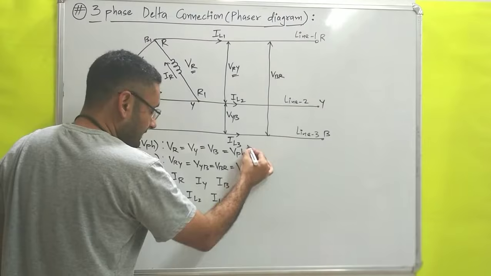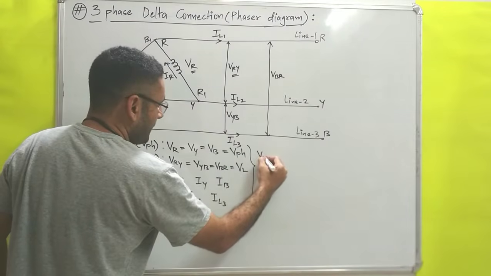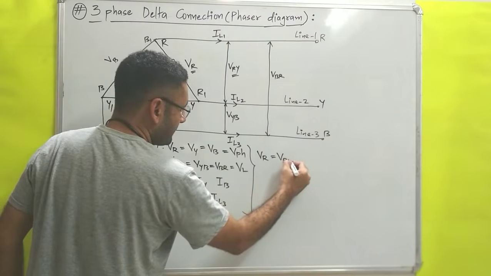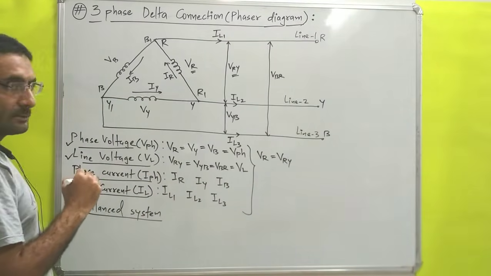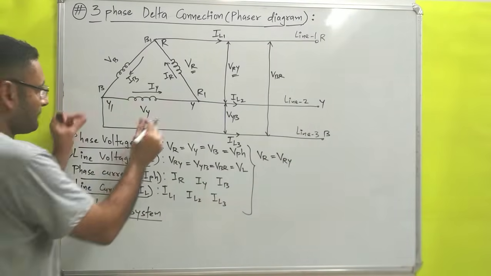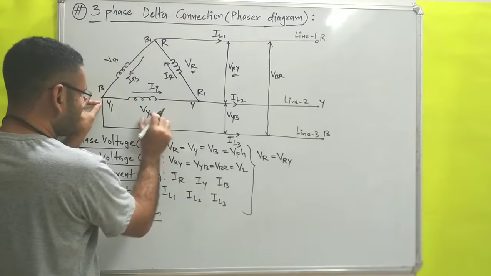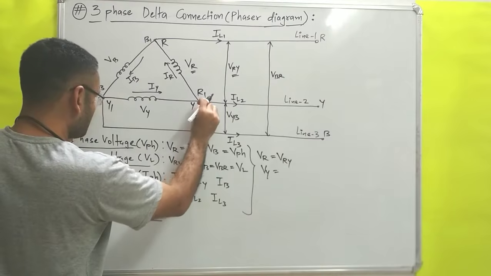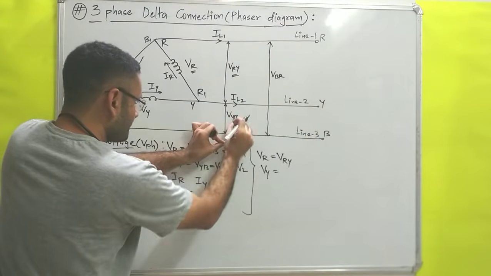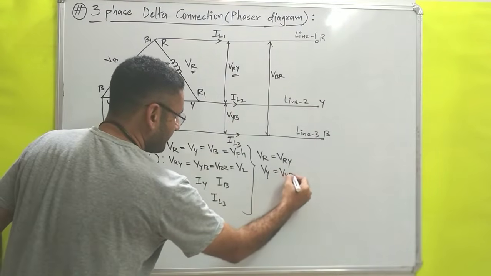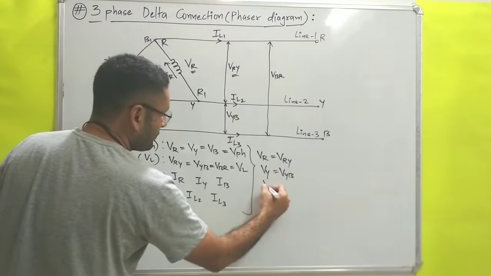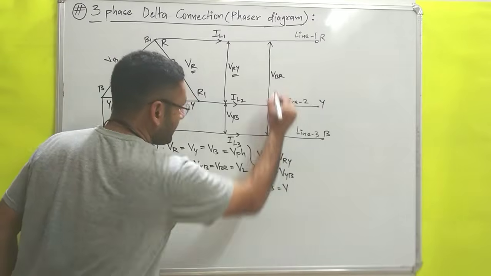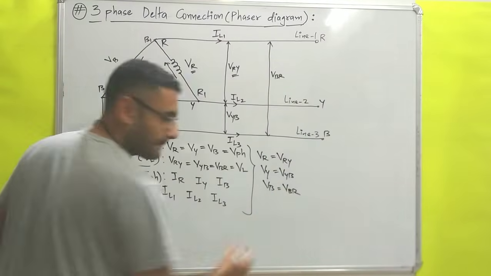So over here, can I write like this: VR equals VRY. Similarly, if we observe, the potential difference between these two points is VY, and that VY equals the potential difference between these two terminals, which is VYB. Similarly, we can write VB equals VBR. Okay.